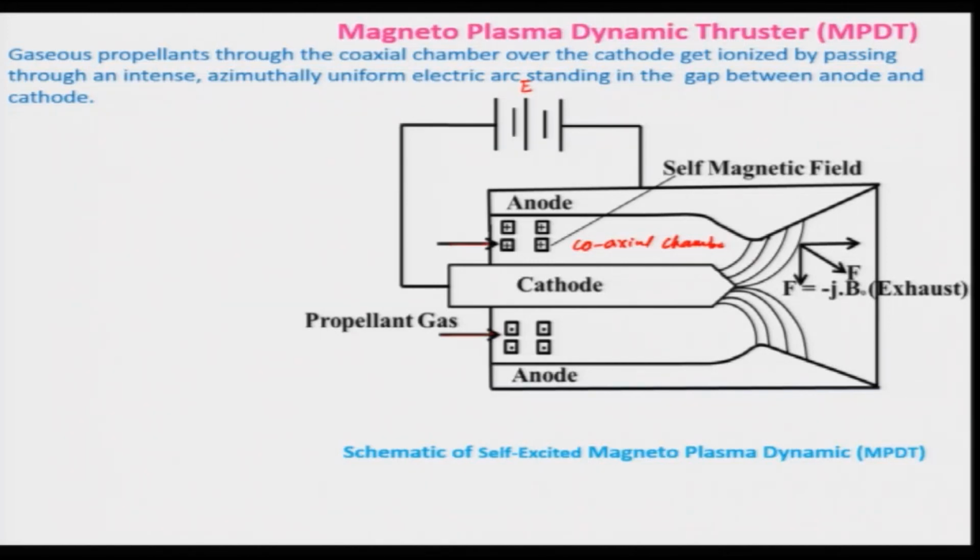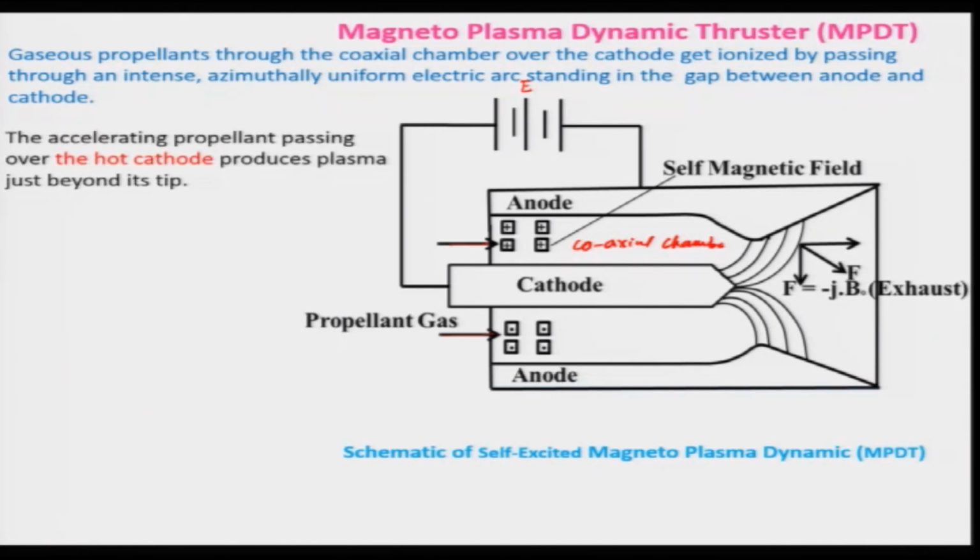As a result an arc is produced, particularly in the gap between the anode and cathode, generally towards the tip because the gap is a little smaller there. This arc ionizes the propellant and produces plasma just beyond the tip, and subsequently it expands to produce the desired thrust, that is J cross B, which is your exhaust, the magnetic field, and the current density.